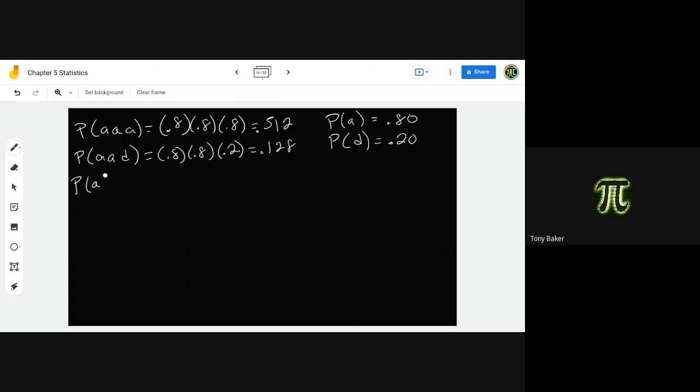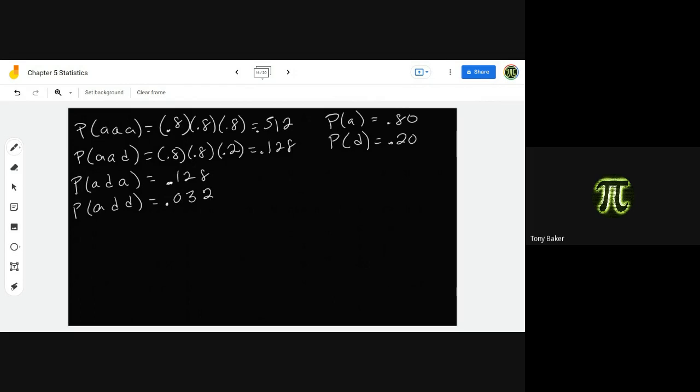Then alive, dead, alive, which is the same basic thing, so again it's 0.128. Then alive, dead, dead is 0.8 times 0.2 times 0.2, so that's 0.032.